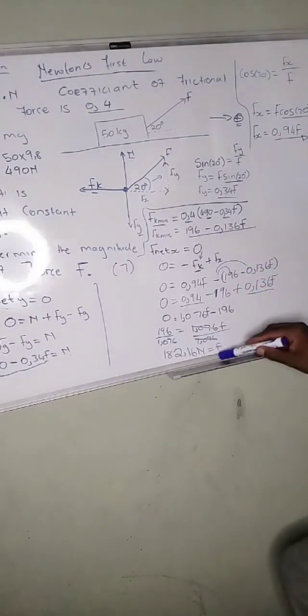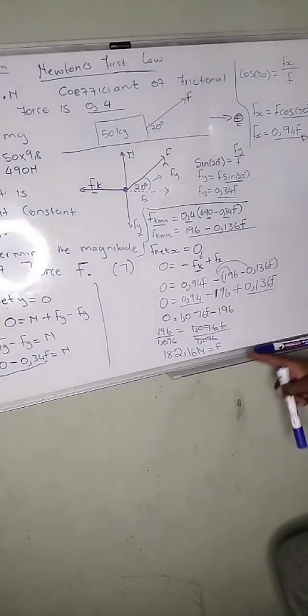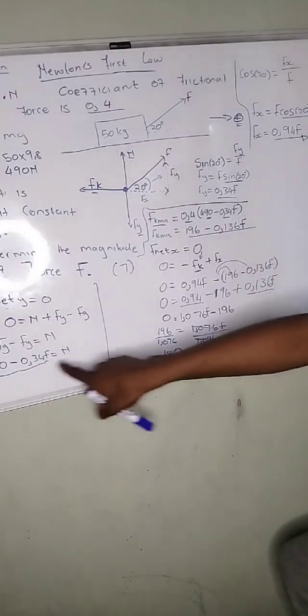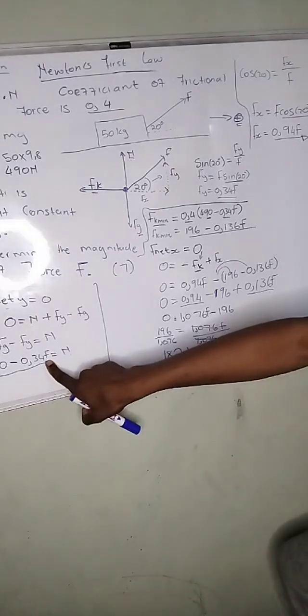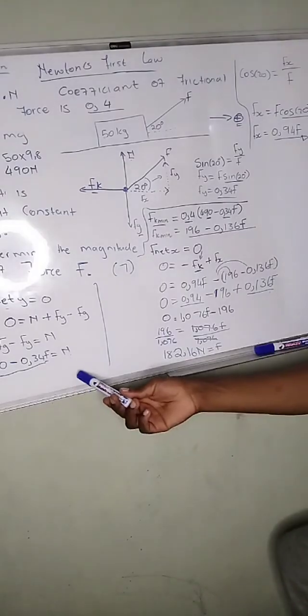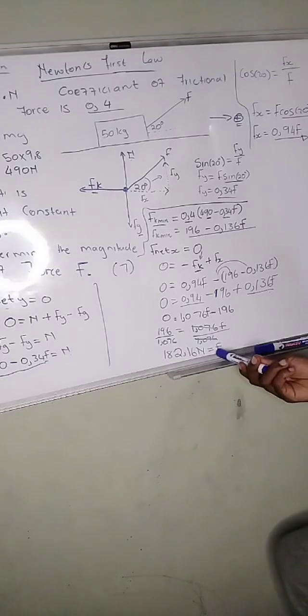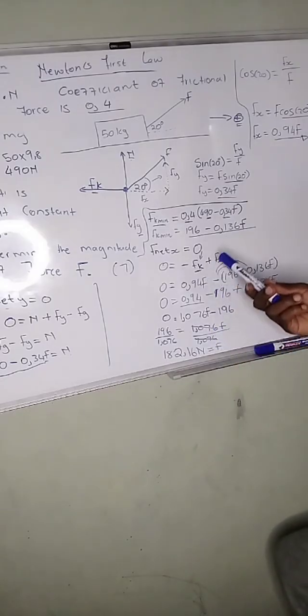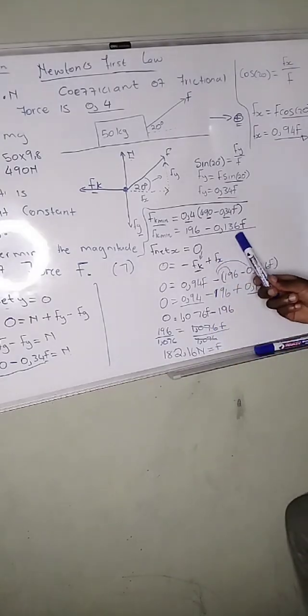So this is our F. Right? And guys, when you substitute F here, how much does it give us? No, wait, I need FK. Where is my FK? Oh, FK is this one.